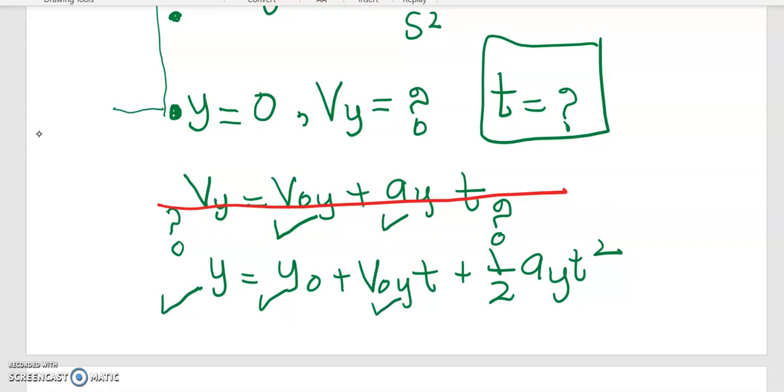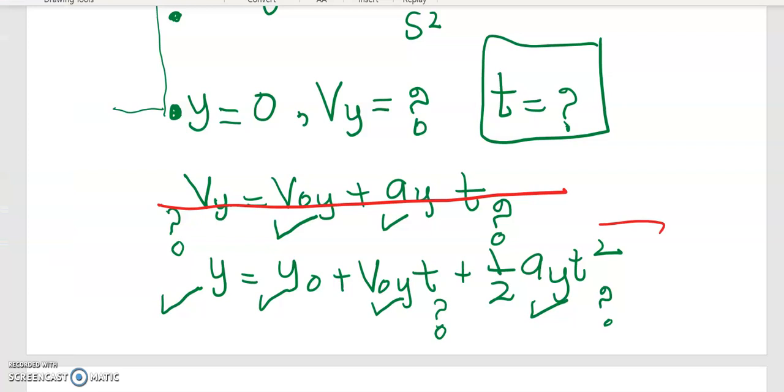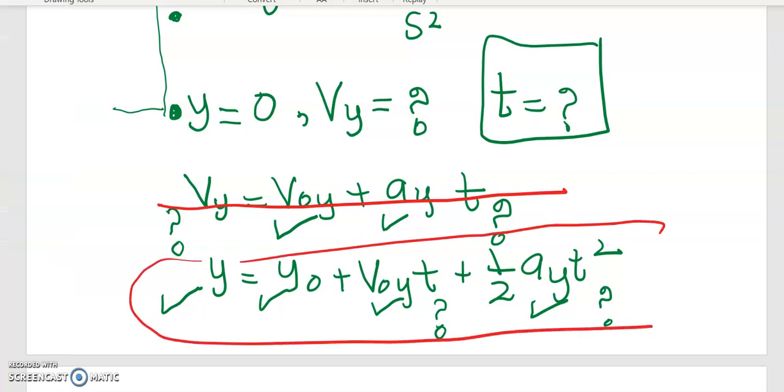Initial velocity is 0. Acceleration is a known. Time is an unknown. So only unknown is time. Yes, it does appear in two places on the equation, but it is just one symbol, t. t is the only unknown. So I can use this equation to solve for time.